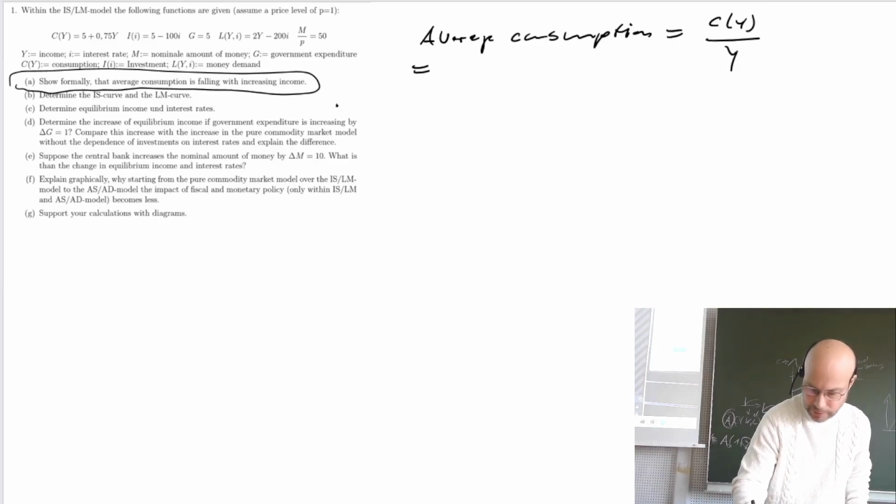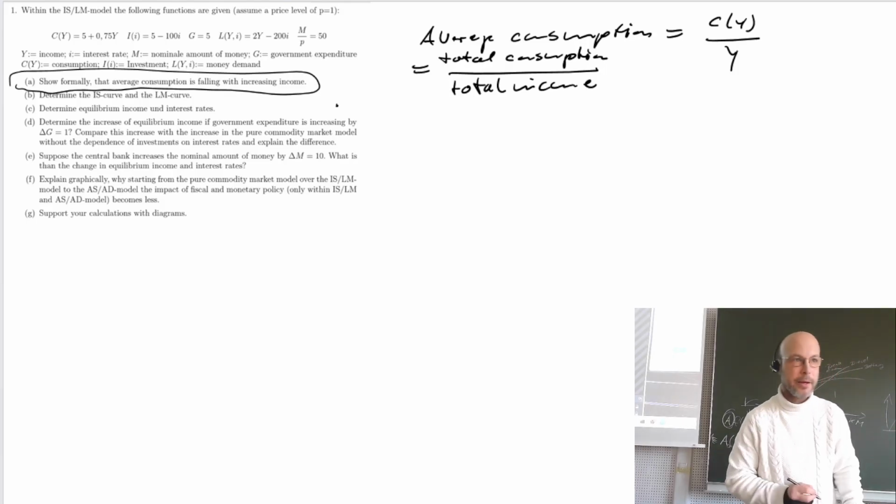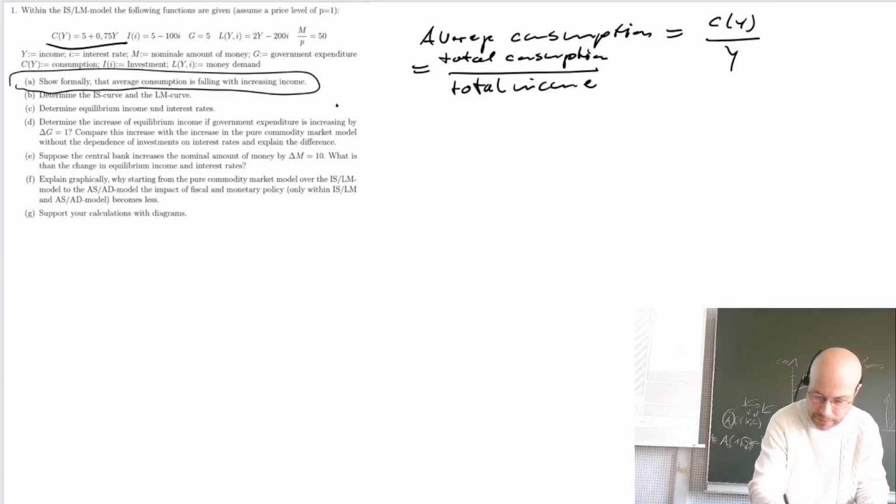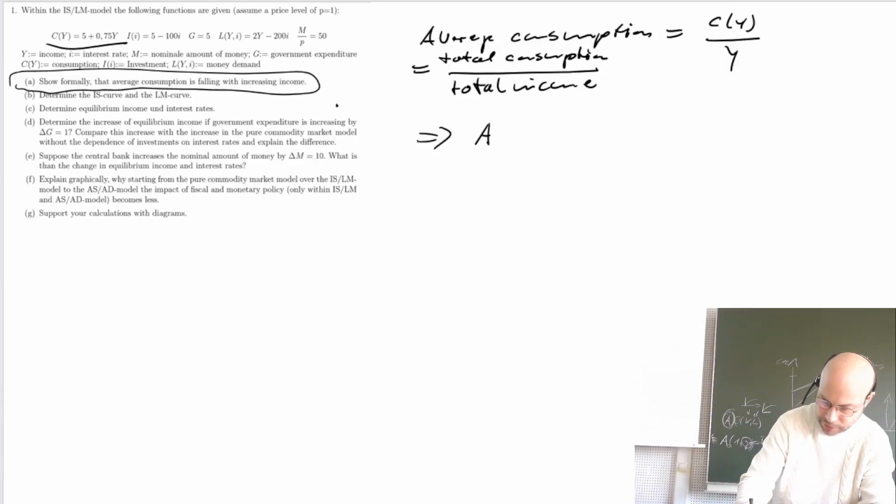So this is just total consumption over total income. Well, and if we insert this with our numbers, then of course we obtain, let's call this average consumption, equals 5 plus 0.75 Y over Y, equals 5 over Y plus 0.75.